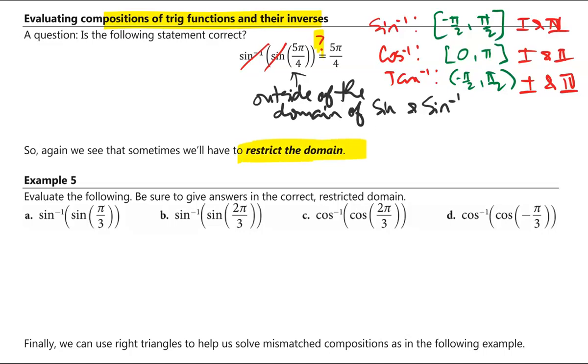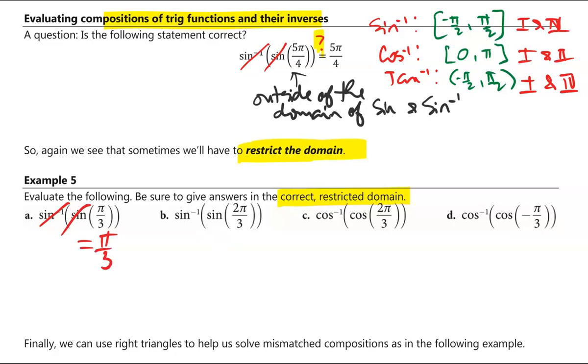So I'm going to show you some examples here. Example number 5, evaluate the following. Be sure to give answers in the correct and restricted domain. So letter A, inverse sine of sine pi over 3 is equal to pi over 3.